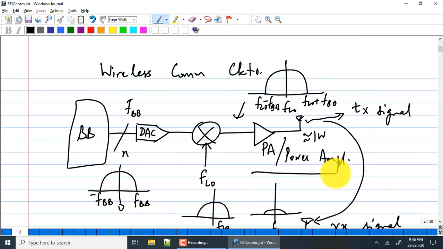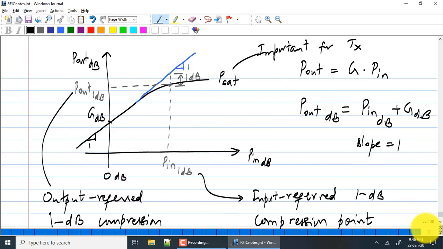Since there is a lot of attenuation through the air, you need to pump out a lot of power before the other person can receive with a good SNR. So normally you are interested in output P1 dB. If you are interested in receivers, you look at input P1 dB, because everything is referred back to the input: SNR, noise, linearity, etc.